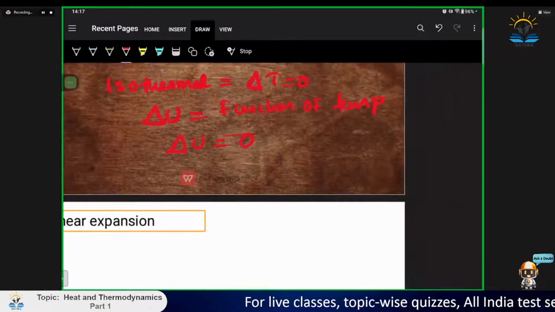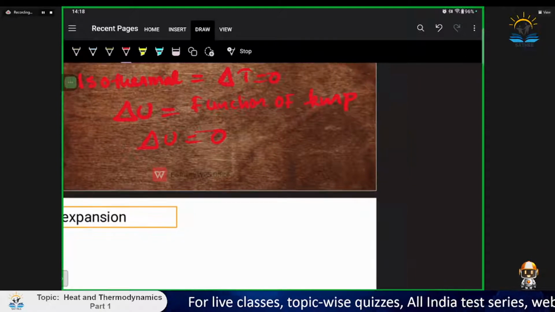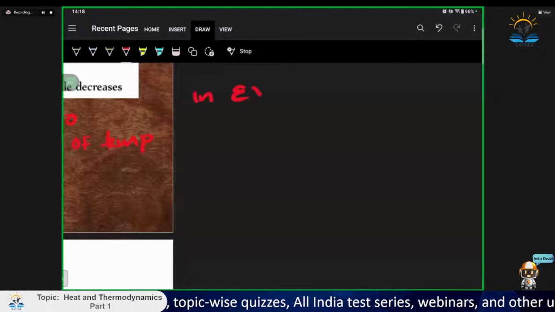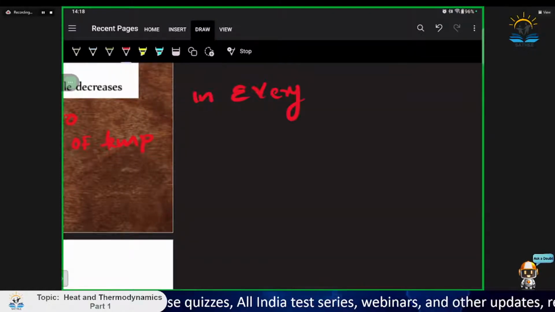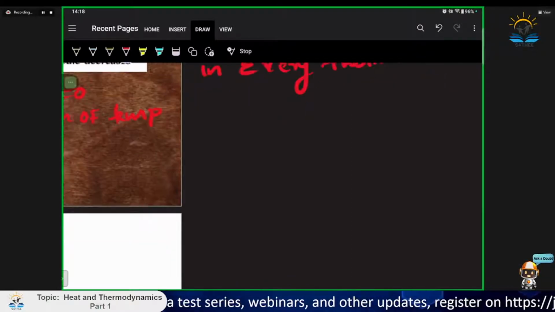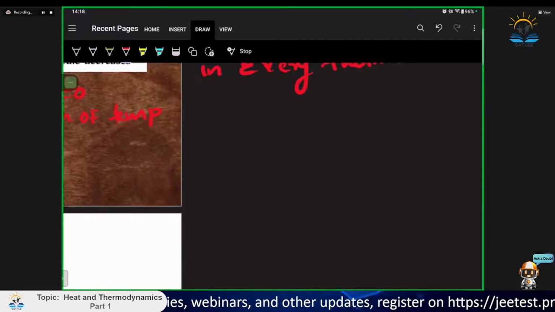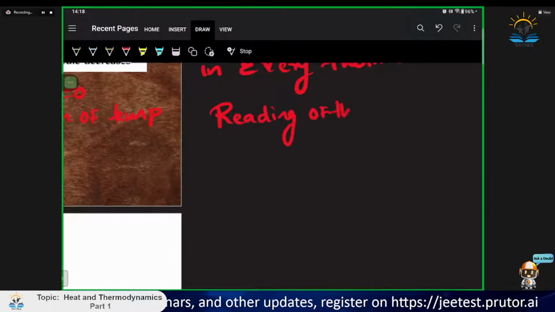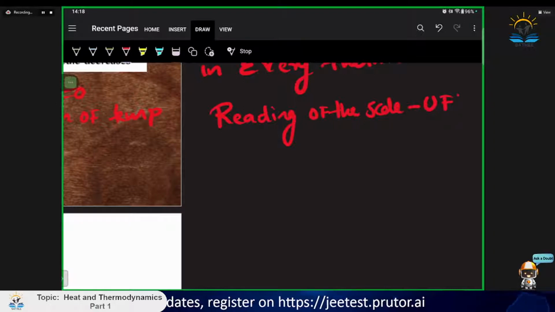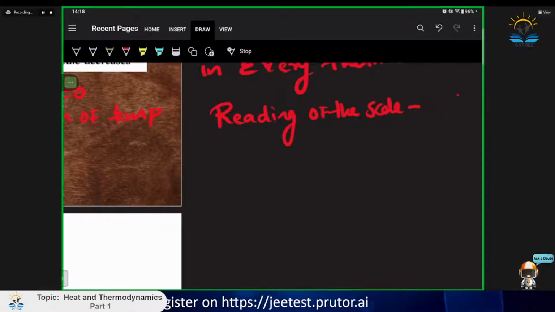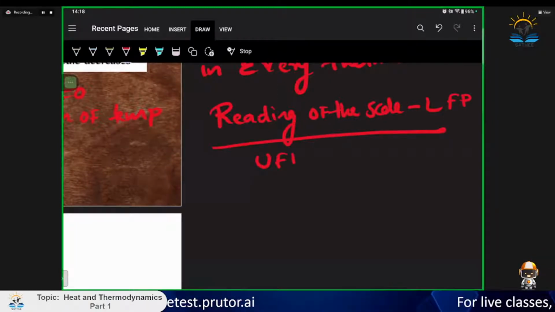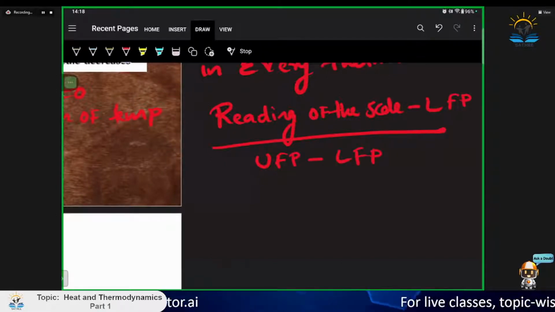In every thermometer scale, the reading of the scale minus the lower fixed point, divided by the upper fixed point minus the lower fixed point, is a constant.